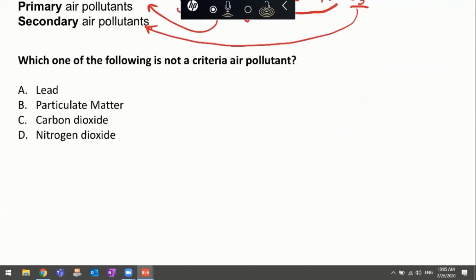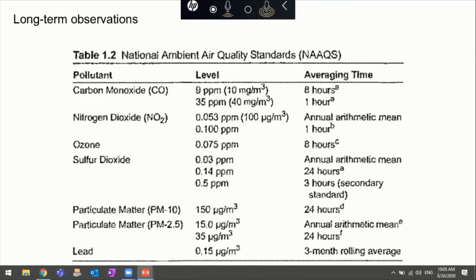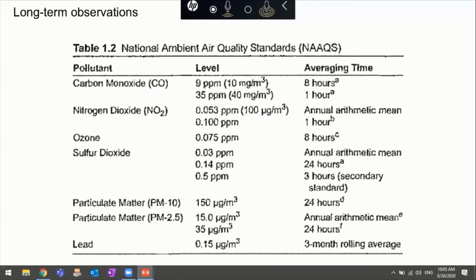So this is a quick recap of our last class. We mentioned that EPA has standards, or some regulations, regarding these air pollutants, right? This table shows the required level of these air pollutants. If the concentration of these air pollutants is above these required levels, we can say that the air is polluted.